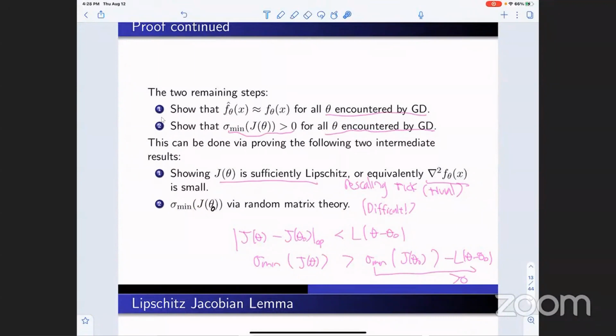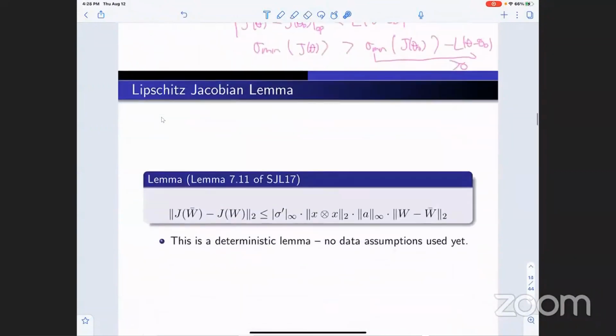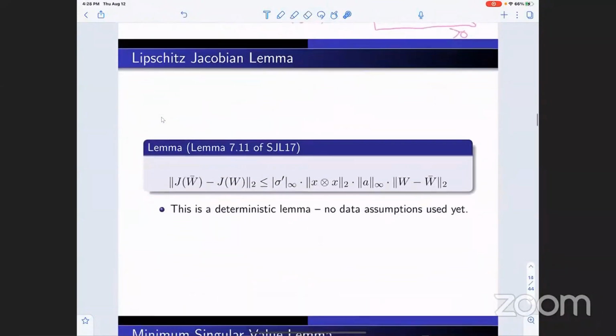So you take a gradient step that decreases the loss a lot. You moved a bit, still positive, you decrease the loss some more. And then eventually, because you're geometrically converging, the amount you can move is bounded by O of 1. But then you can use this rescaling trick to make this L very small. And that's essentially the heart of every NTK proof.